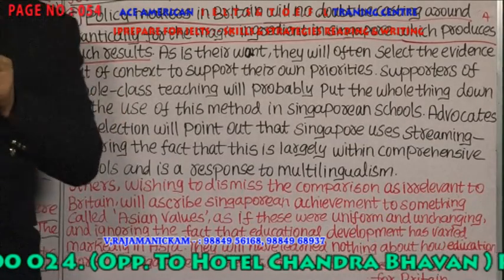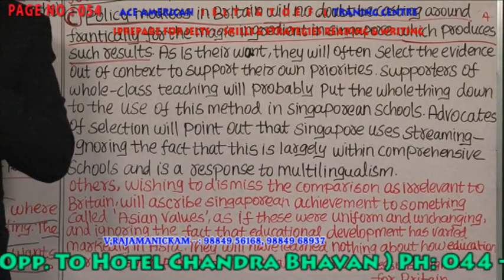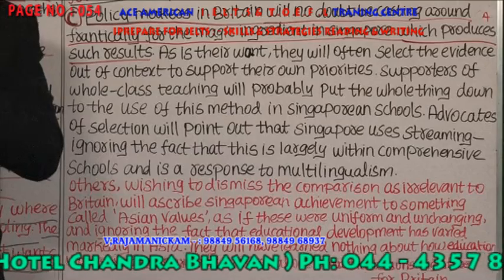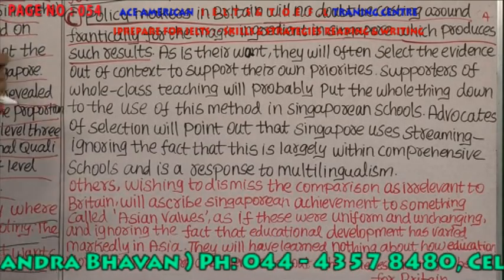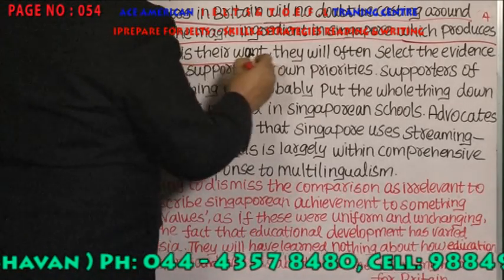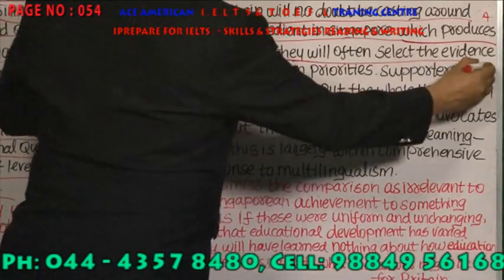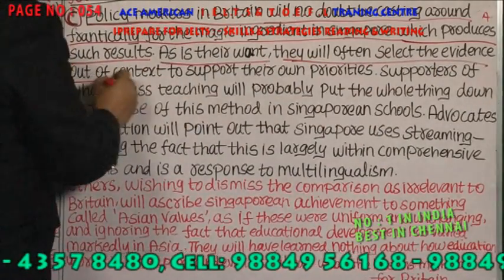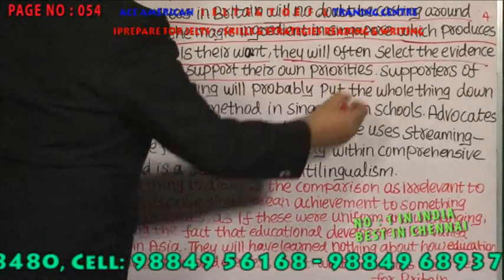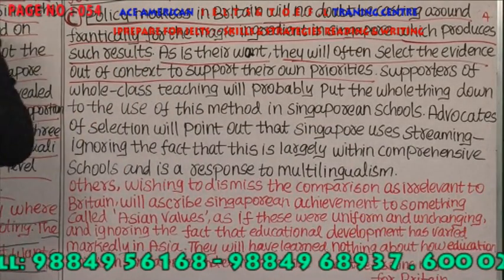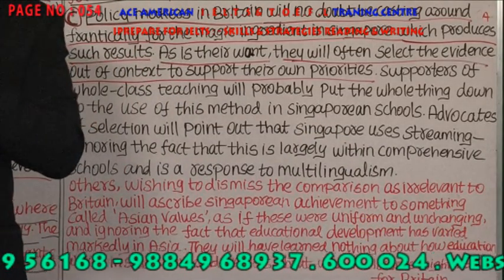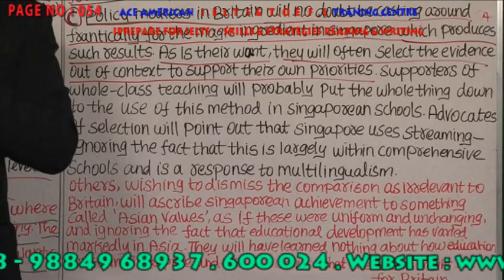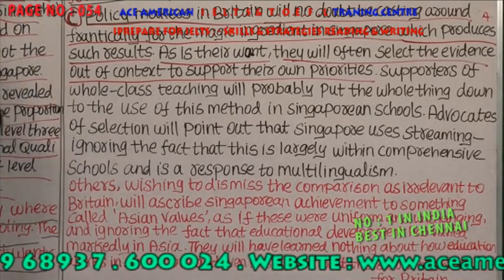They will often select the evidence out of context to support their own priorities. So according to their selection, they will take certain numbers and fit them to their priorities.